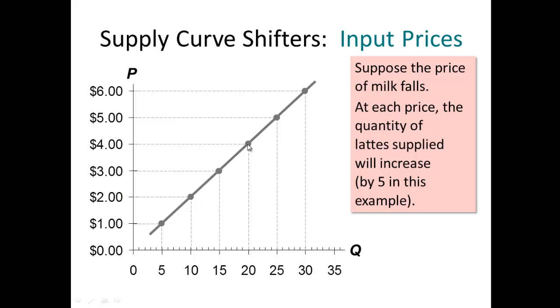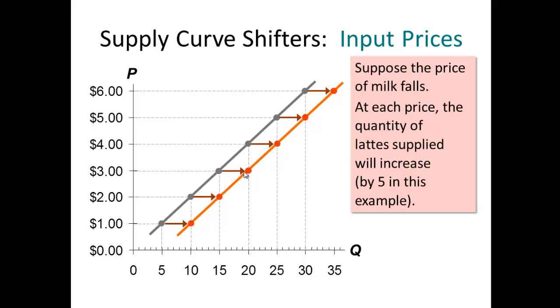A supply curve shift would be the entire supply curve shifting or moving. But if we're going from one point to another point, that is movement. To move the curve from line A to line B, that is a shift. And so if input prices increase, we would see a shift.